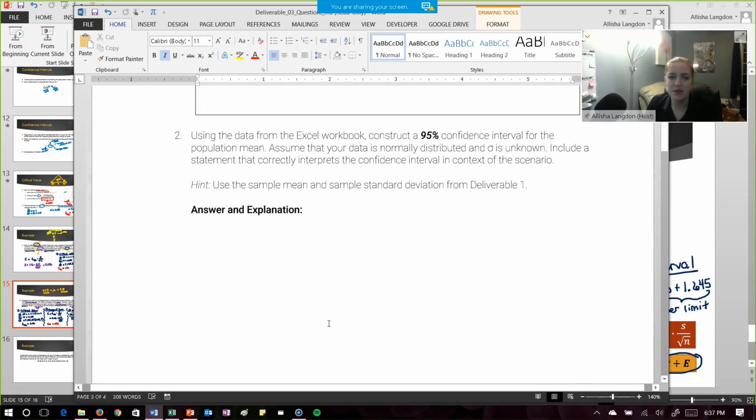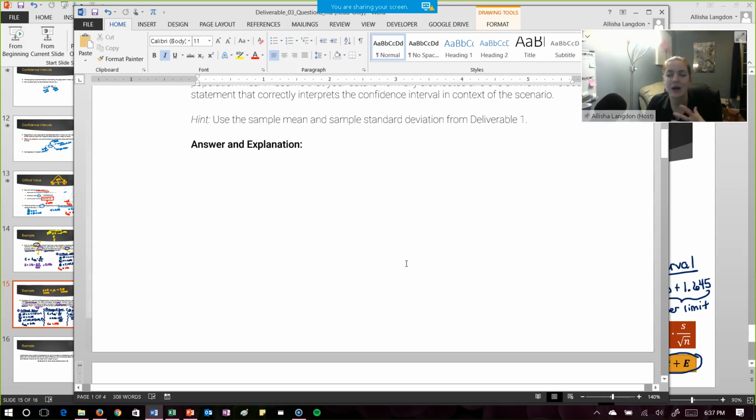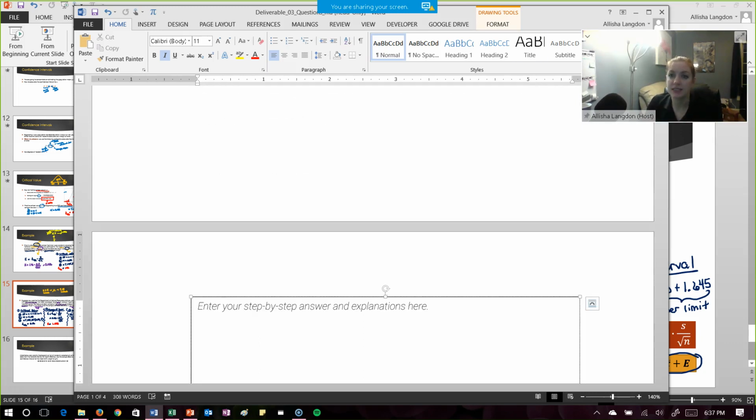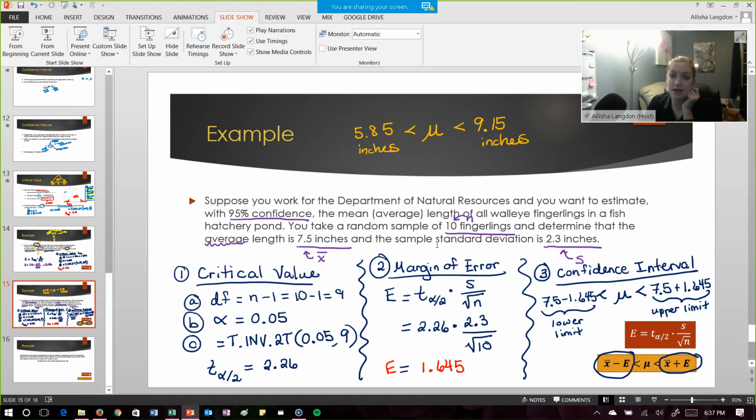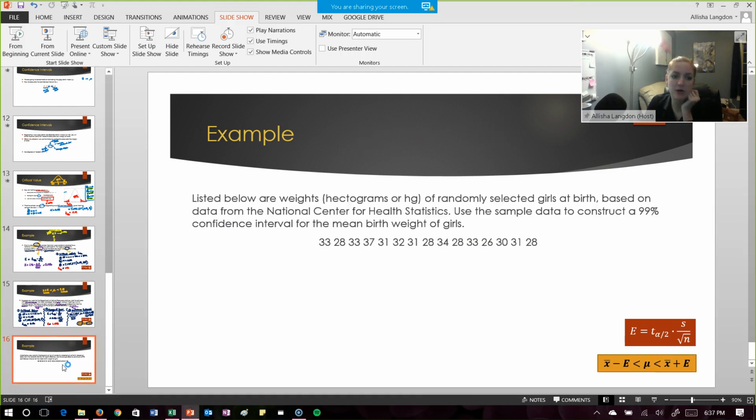I would say maybe try number 2 and then go on to part 2 and watch that tomorrow, on Tuesday at 5:30. And we will do this problem as well. Maybe you want to try this problem and get a head start. This one is a 99% confidence interval, so that can help you as well. If you want to practice on that and then see if you're on the right track as you get to part 2 tomorrow, that could be an idea.